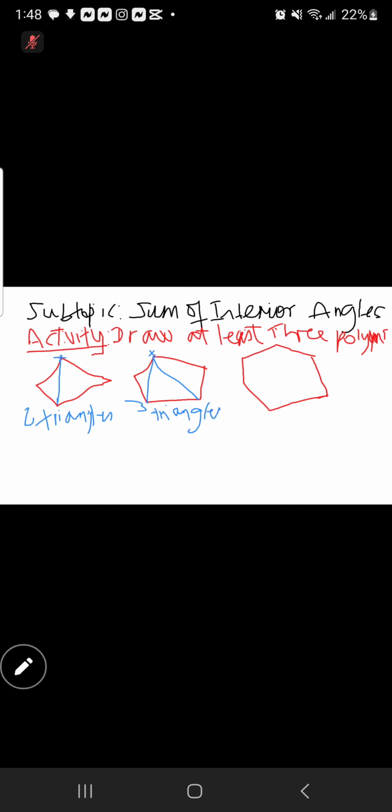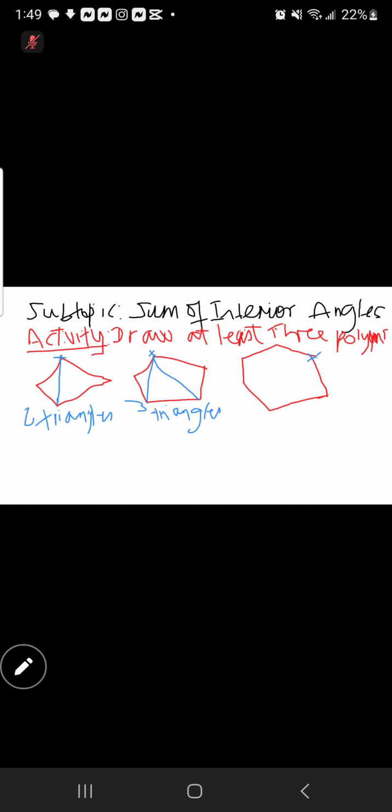I don't like writing on this whiteboard. Three triangles for this one. All right, this now over here is a six-sided figure. I'm going to use this corner up here. So I'm going to put my X at this corner over this side, and I'm going to draw my diagonals from this corner.